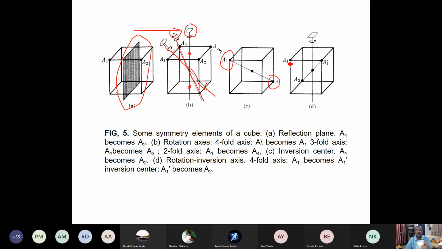You rotate it along a four-fold axis. A1 comes here, and then invert it about this body diagonal position. You got this point A2. So A2 is the roto-inversion of this one.